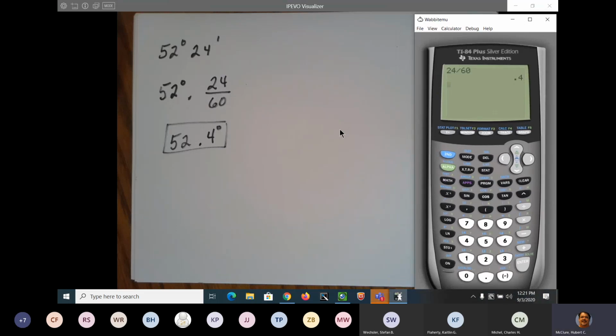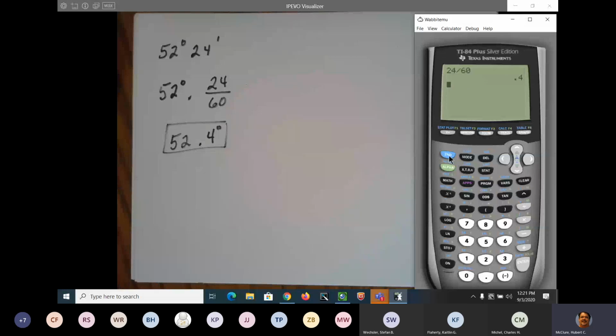Now, you do have a way to do this on your calculator. And I'm going to show you. It's under the math key. I think it's under math. Where is the degrees, minutes, seconds? I always can't find them. You can use angle. Oh, there it is, angle.